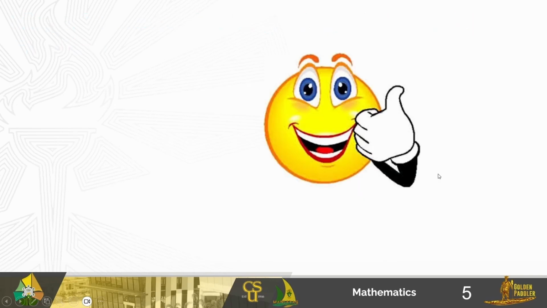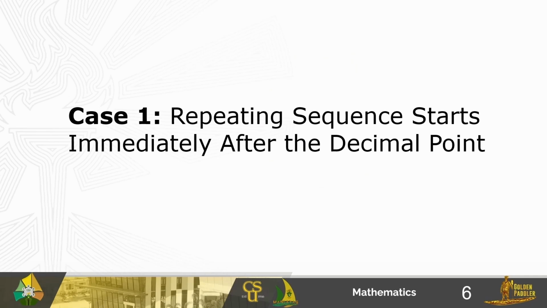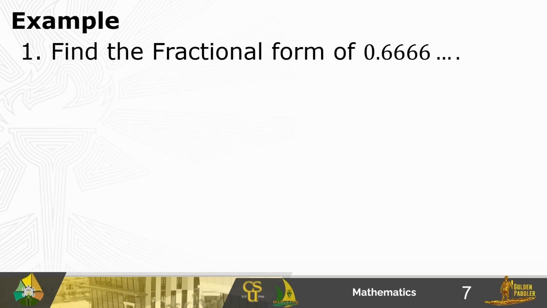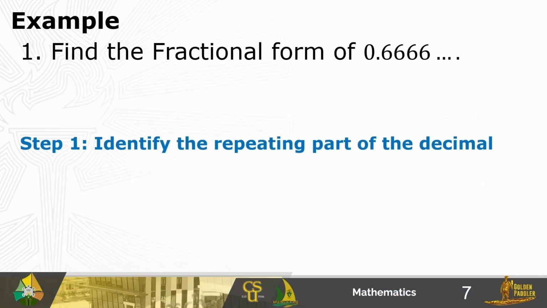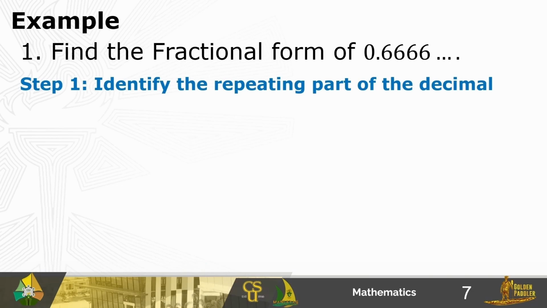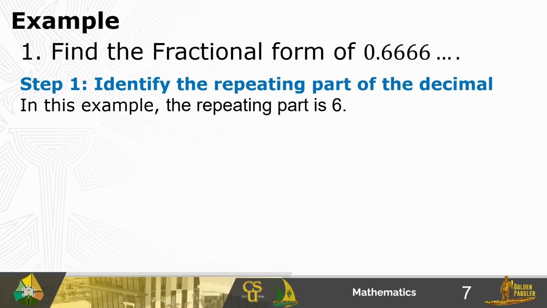So let's have an example on how to convert these several cases. Let's start with case 1, where the repeating sequence starts immediately after the decimal point. For example, find the fractional form of 0.6666. For step 1, we have to identify the repeating part of the decimal. Can you guess what it is?